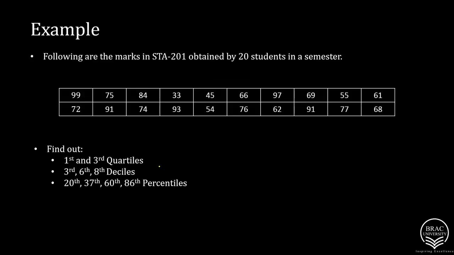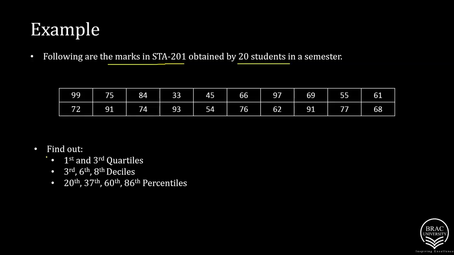Now a numerical example. Here are the marks in stat 201 obtained by 20 students in a semester. Actually, we have taken these values randomly, so do not worry, you might get more or less.